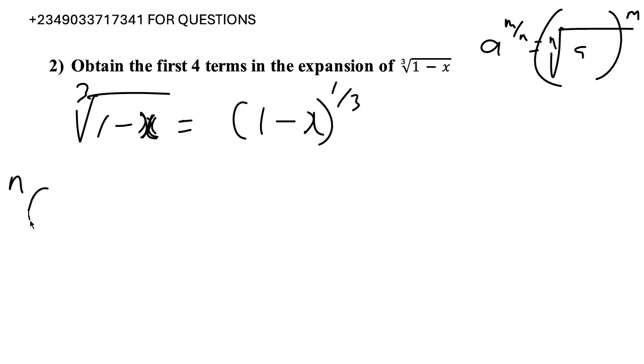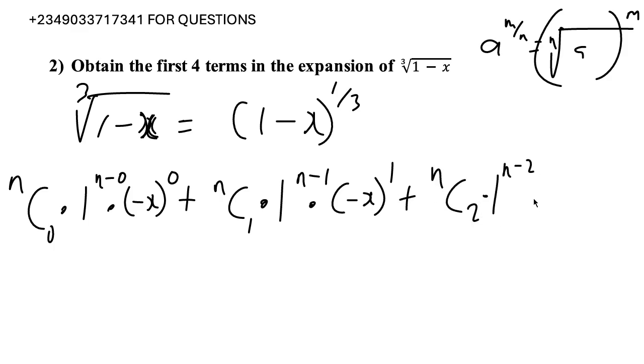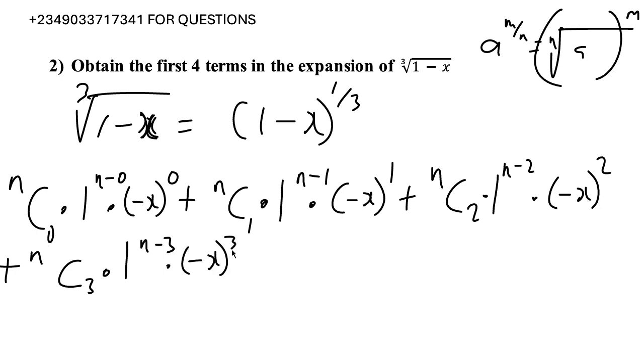Applying the same principle, we have n combination 0, 1 to the power n minus 0, negative x to the power 0, plus n combination 1, 1 to the power n minus 1, negative x to the power 1, plus n combination 2, 1 to the power n minus 2, negative x all squared. Then lastly, we have n combination 3, 1 to the power n minus 3, and negative x to the power 3. And those are the terms.